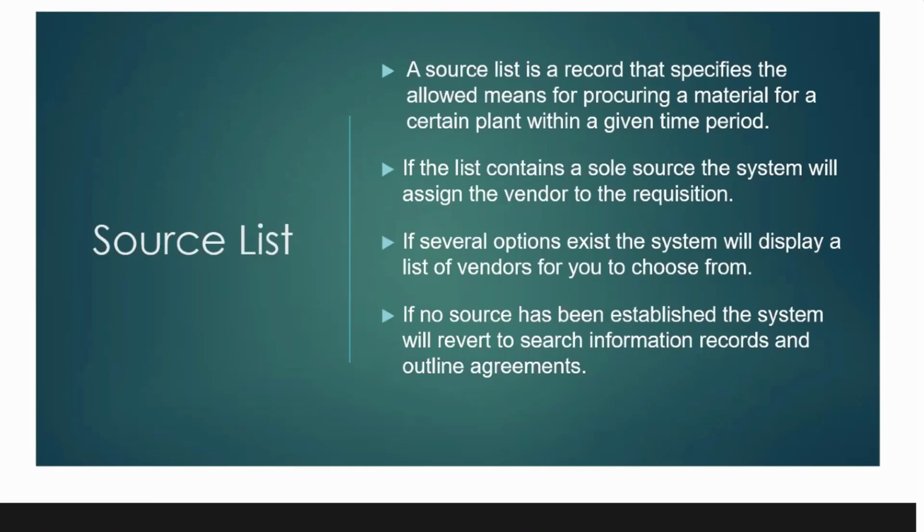In the other case, if no source has been established, the system will search for information in quotations and outline agreements. So if there is no source list, it will also check the outline agreement system. Do we have a contract with other vendors that allows me to buy this product or not?